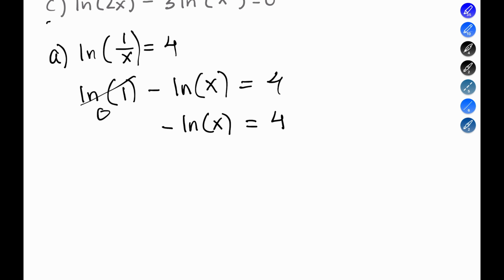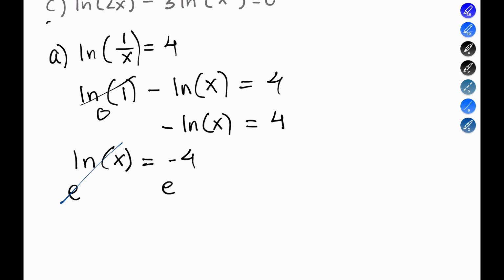Now we could move the negative sign to the other side. We will get natural log of x is equal to negative 4. And finally, we can take e to the power of natural log of x, and we could take e to the power of -4. We could do that because they are inverse functions, so they will cancel out.